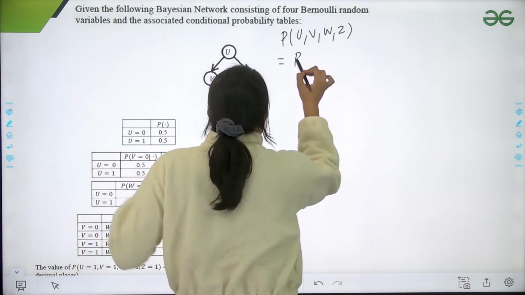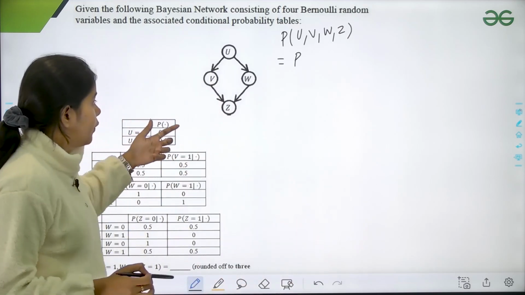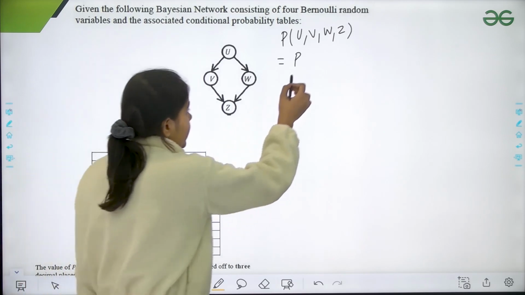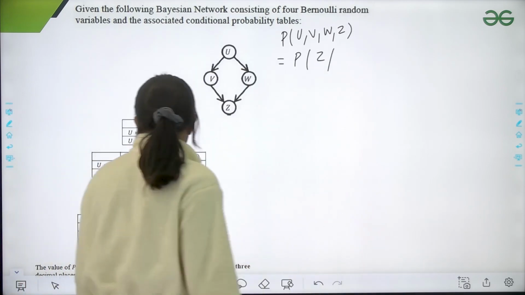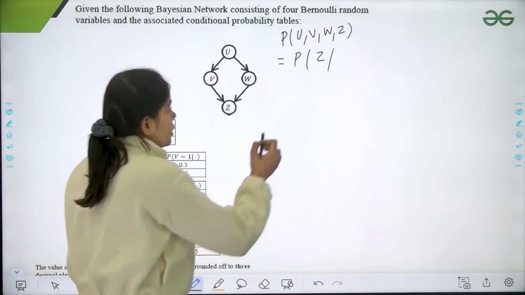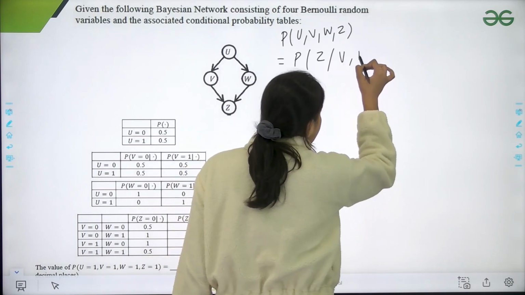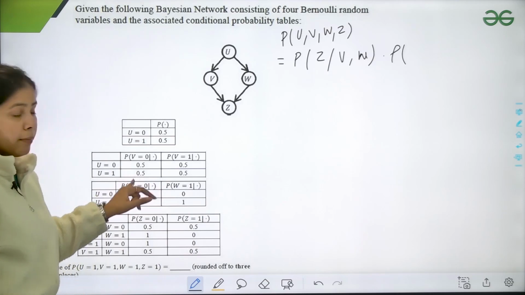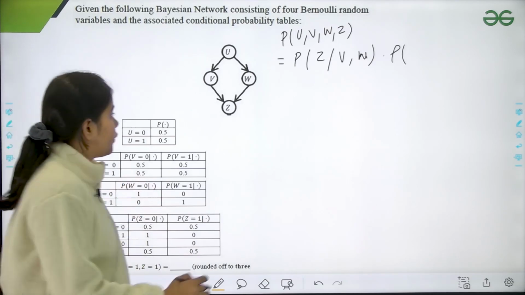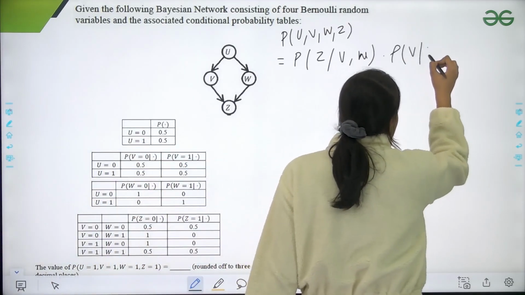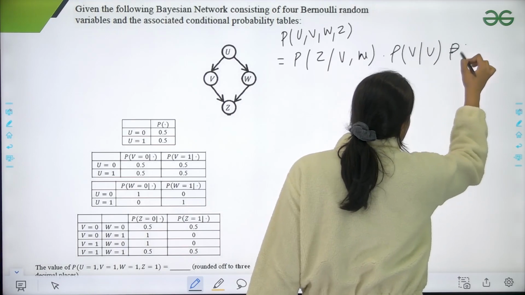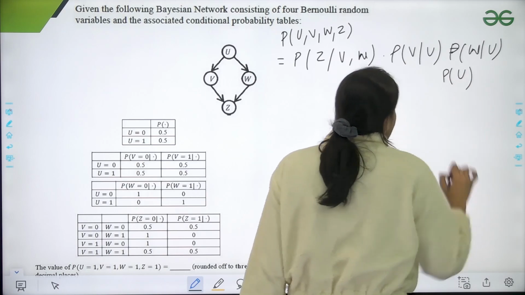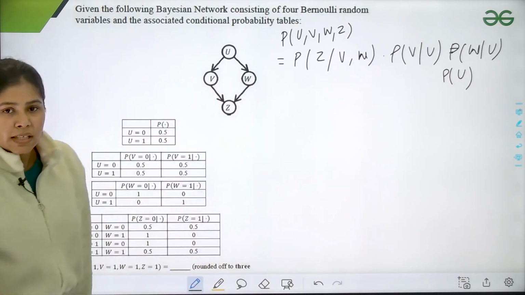So first of all, you can see that probability of Z is dependent on V and W. Then you will write down probability of V and W: probability of V is dependent on U and probability of W is dependent on U, into probability of U. Right? And you have to take all the variables as 1.